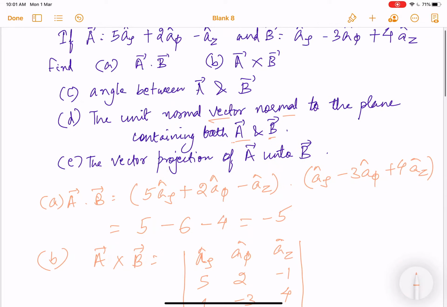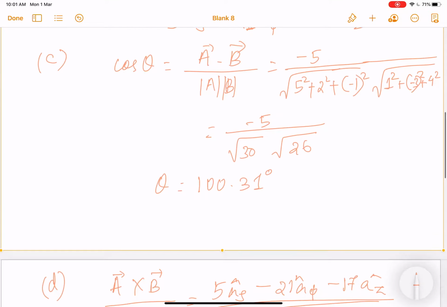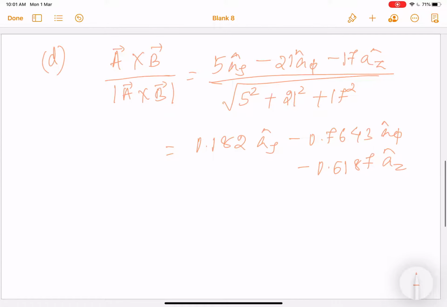Then what does the next bit say? The next bit says the vector projection of A onto B. We had done a question like that earlier. So what is the vector projection of A onto B? This is how you take it out. We had discussed this in the previous video. Over here B cap means the direction of the vector is along vector B, the same direction.